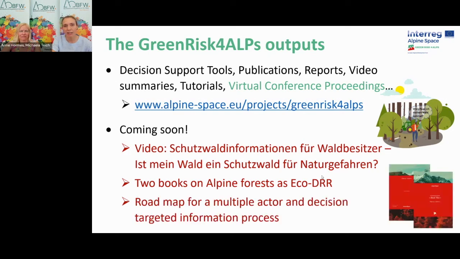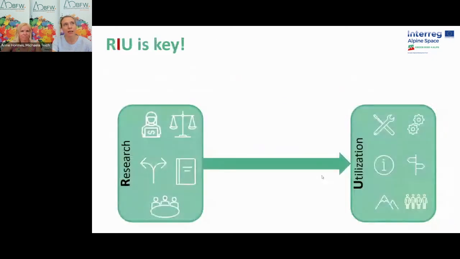And also the roadmap for multiple actor and decision-targeted information processes that Michael Kirchner was talking about briefly, like this checklist: we will work on a format so that it is available for you to use easily. This will come up soon and also be published on our website.